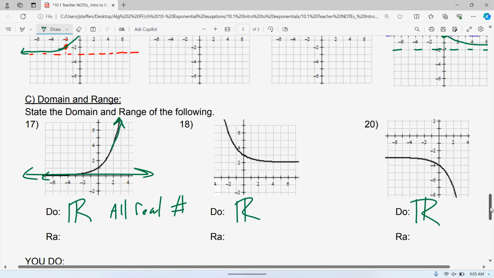Now the range is a little bit different. Now I told you it gets steeper and steeper, but it will slowly creep to infinity. That is not the case the other way around, because remember I told you the asymptote is where it never crosses this line. So it gets really close to that line but doesn't cross. So your range is, you always start with y, and then it's got to be bigger for this one.